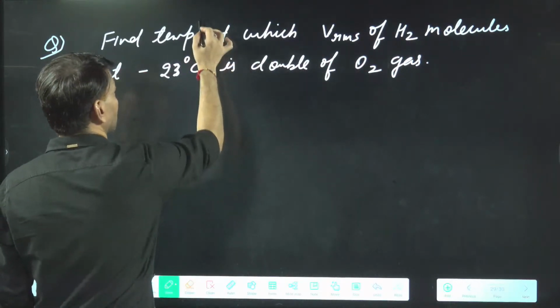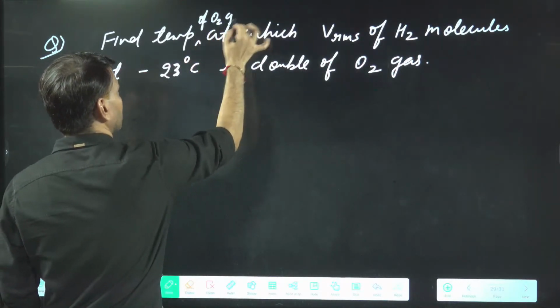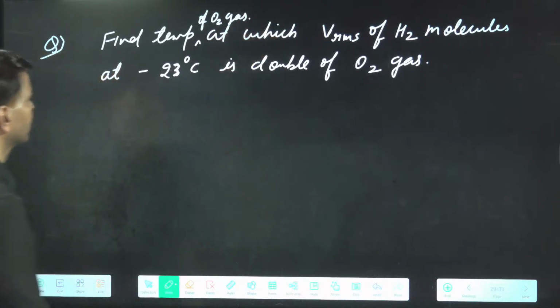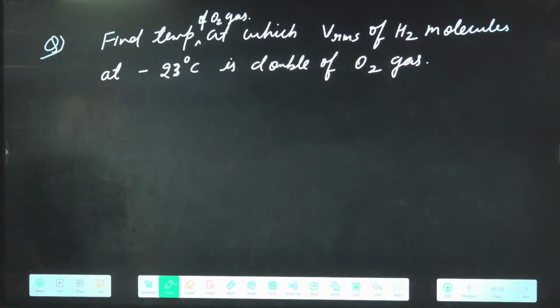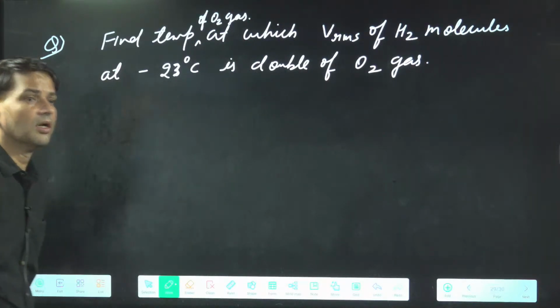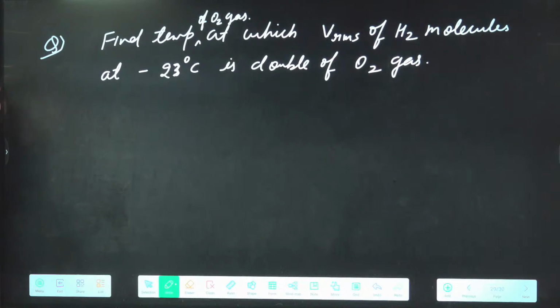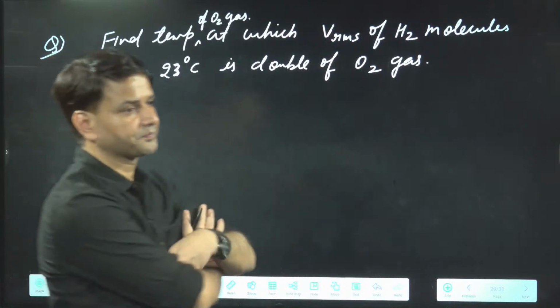Find the temperature of the oxygen gas at which the RMS speed of the hydrogen molecule at minus 23 degrees C is double that of oxygen gas. So we have to find the temperature at which the RMS speed of oxygen gas is half of the RMS speed of the hydrogen molecule at minus 23 degrees C. Tell me what is the answer.